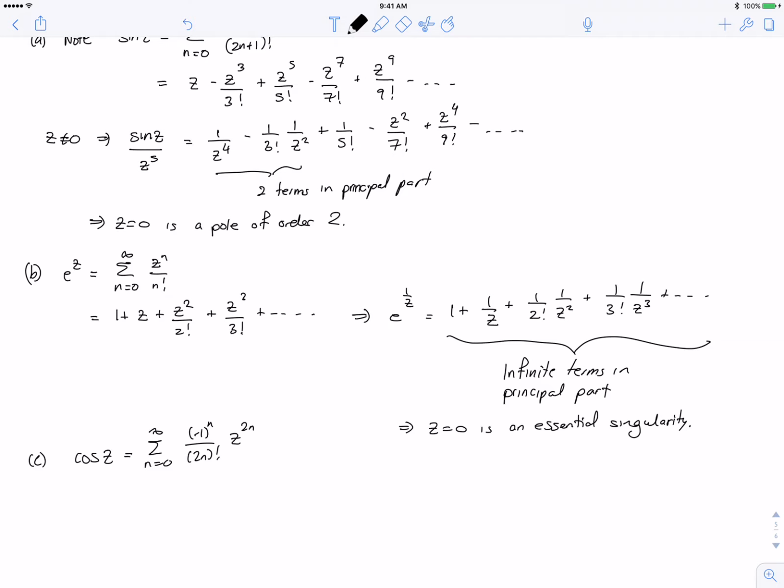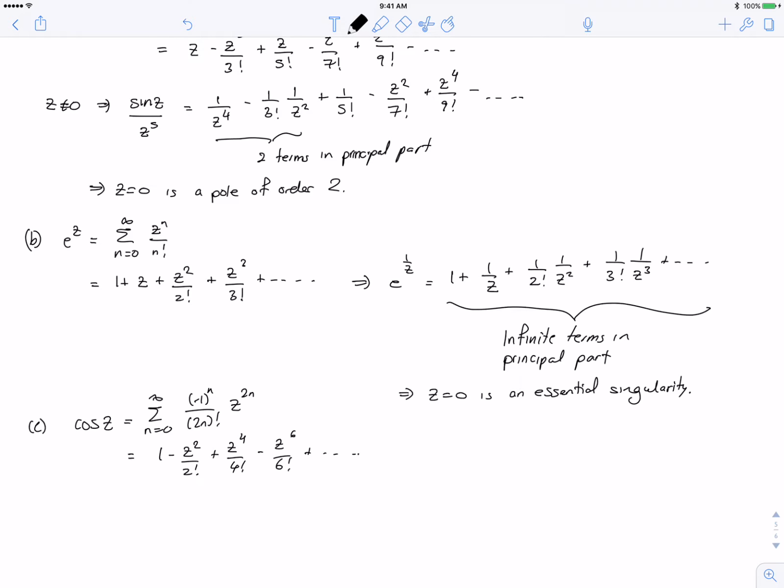And if I write out the first few terms, this is 1 minus z squared on 2 factorial plus z to the 4 on 4 factorial minus z to the 6 on 6 factorial, etc., etc. It just alternates like that forever.